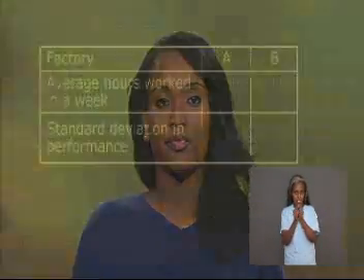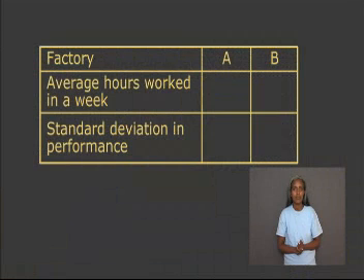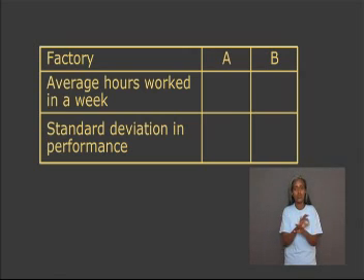Students, let us look at one more example together. A survey was conducted to evaluate the performance of workers in 2 factories. Employees in Factory A worked an average of 30 hours per week. The standard deviation of their performance was 5.